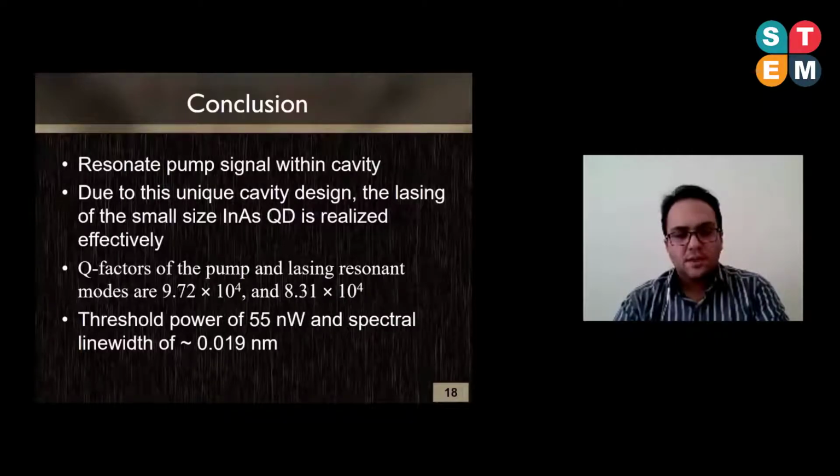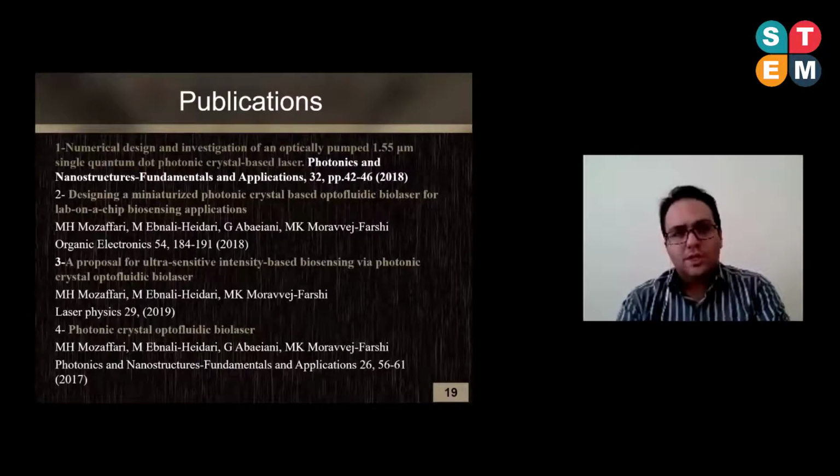Besides, since experimental results for quantum dot photonic crystal lasers at 1.55 micron, or telecom C-band wavelengths, are still limited, the designed laser is particularly promising for future optical quantum communication systems. And here you can see our related publications, 4 ISI journal papers published in this regard.